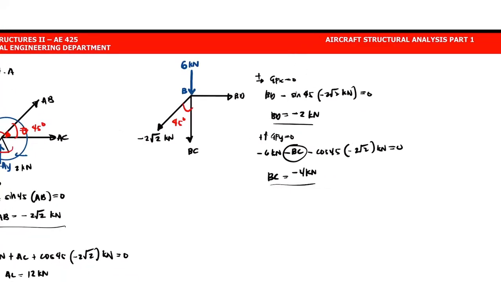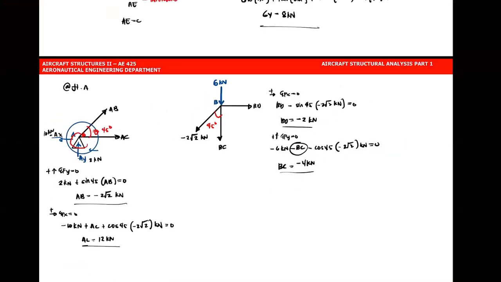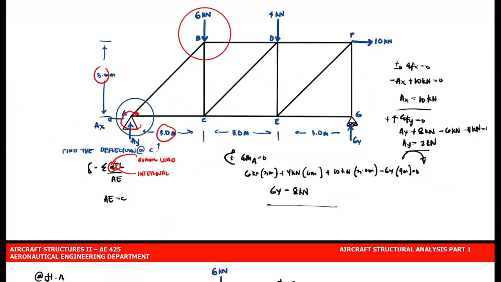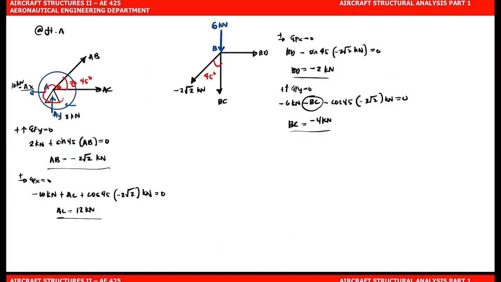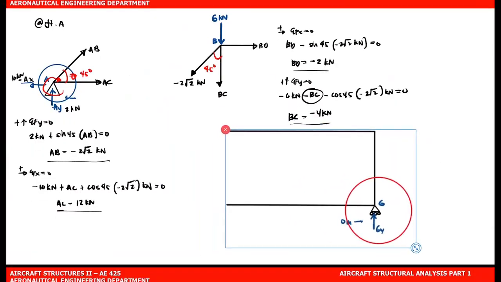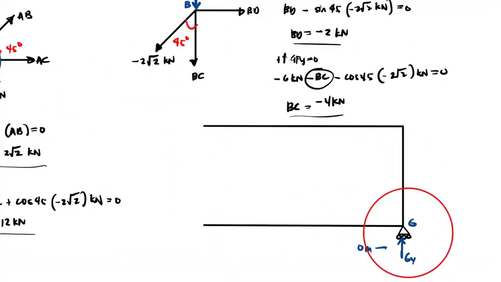So next naman is, no, pwede kang magtuloy sa joint C or pwede tayong lumipat ng joint. No? Lipat tayo ng joint. Pwede tayong mag-joint G naman. Okay? So joint G, try natin. Copy ko lang to. Okay. So ito yung joint G natin.